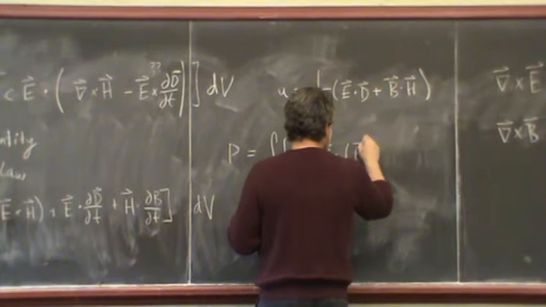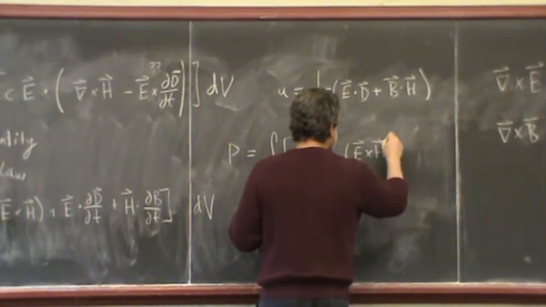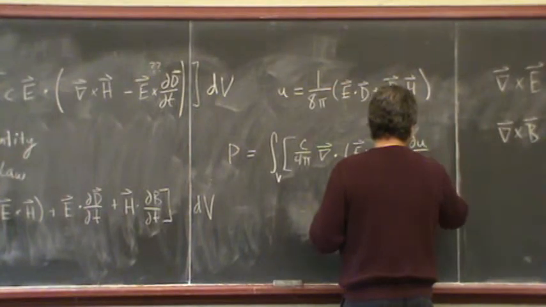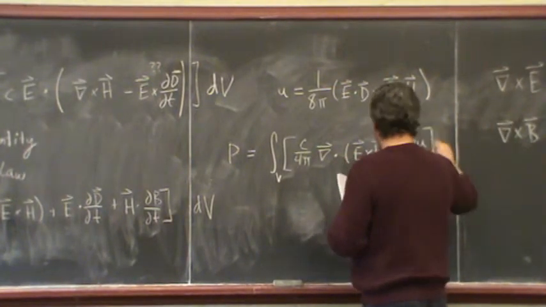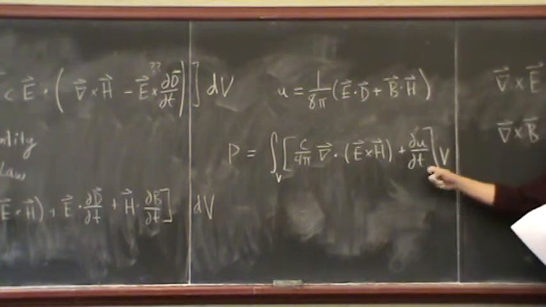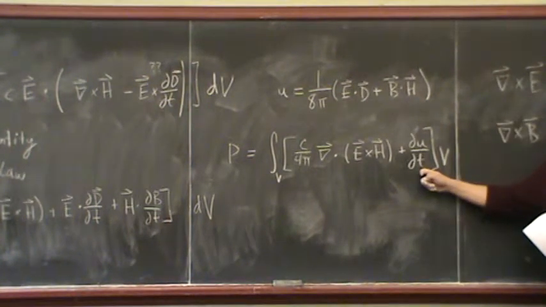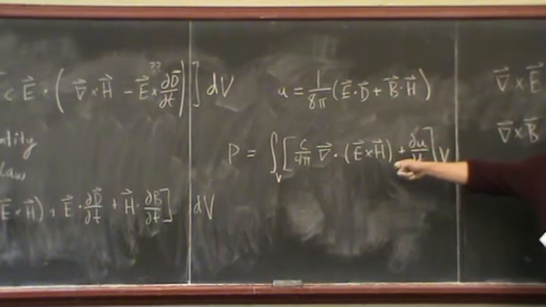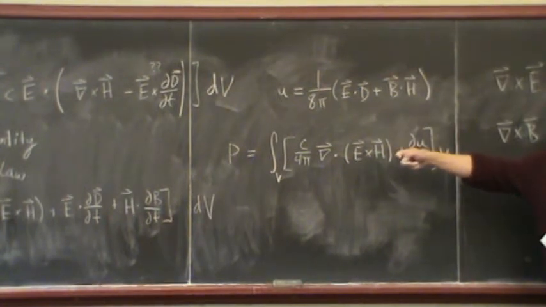Divergence of E cross H plus du/dt. You've got the flow of energy density out of the region, and that's the flow of energy density as well. The power that flows in or out has these two sources.